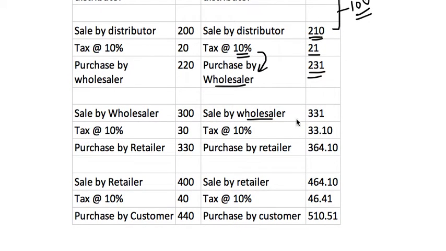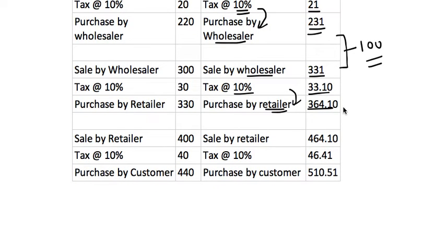Next comes the wholesaler. The wholesaler has purchased it for 231 and it's going to sell it after keeping a margin of 100 rupees based on the value that he creates. He is also going to charge a tax of 10%, which will be 33.10 rupees on the sale price of 331. So the purchase price for the retailer here would be 364.10.